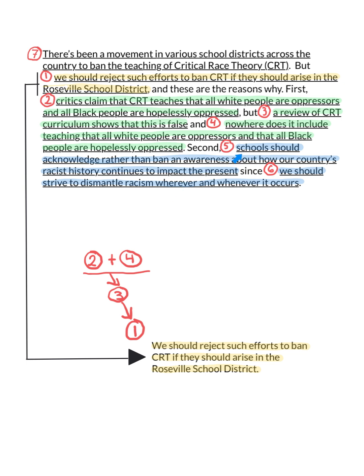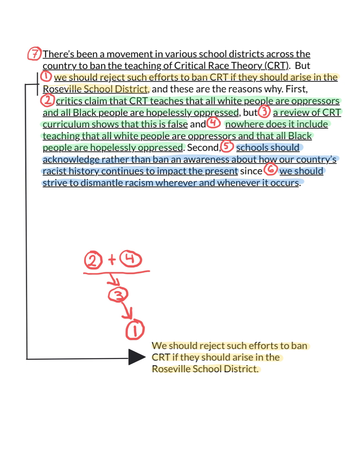Claim 5 gives us a reason, namely that we should reject efforts to ban CRT because schools should acknowledge rather than ban awareness about how our country's racist history continues to impact the present. And why should we acknowledge that? Well, because Claim 6 says we should strive to dismantle racism wherever and whenever it occurs.